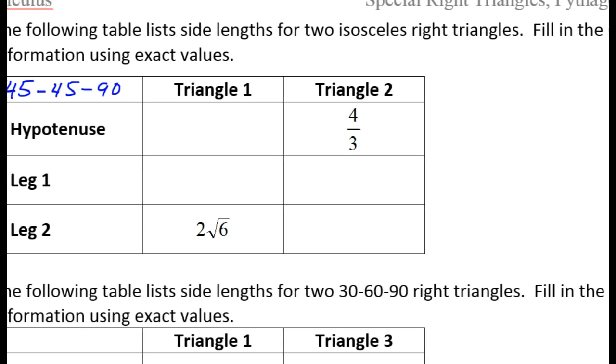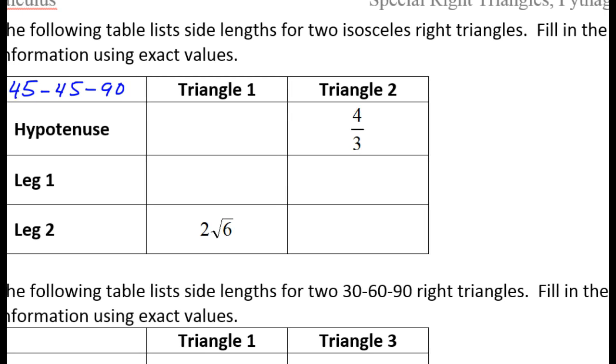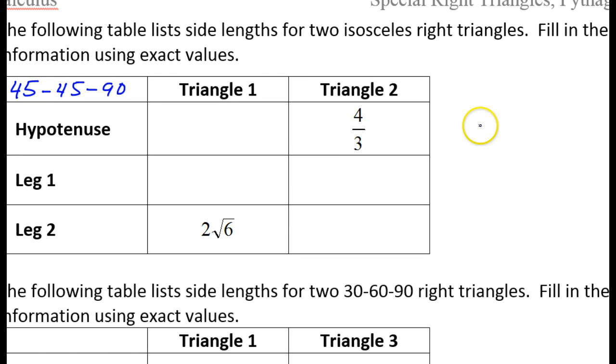So I find it useful to draw a little picture off to the side. So I'm just going to draw a little picture over here. So if this is an isosceles right triangle, you know what, I'm going to cheat. Okay, so here's my isosceles right triangle. And for this first triangle, they gave us that one of the legs is 2 radical 6.